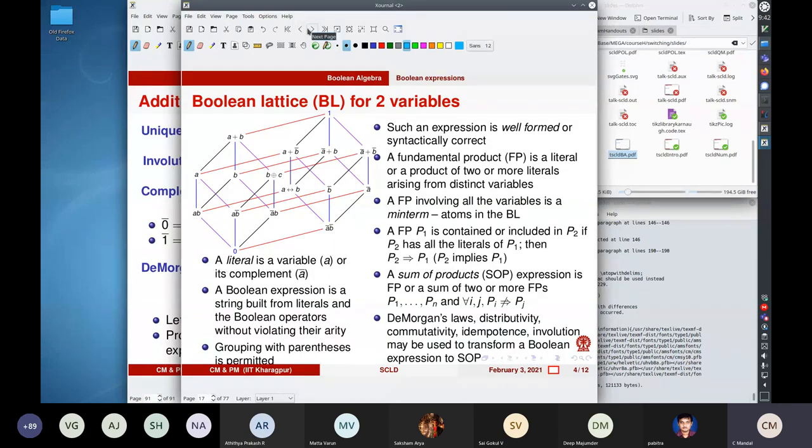You have learned this from two angles. One is if you consider these as Boolean lattices, you see that all of these operations are applicable on Boolean lattices, and if you consider these to be Boolean algebras, then those are applicable through Boolean algebra as well.